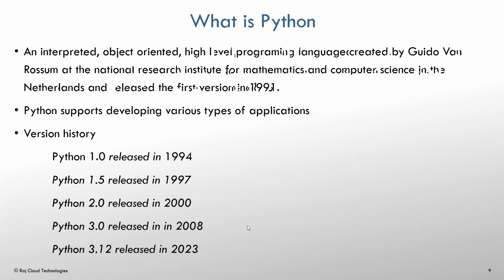Right now it is 3.11 or 3.12. The 3.12 is the latest version currently going on in Python. So this is the history of Python, who introduced it, when it got released, and what kind of programming language it is.